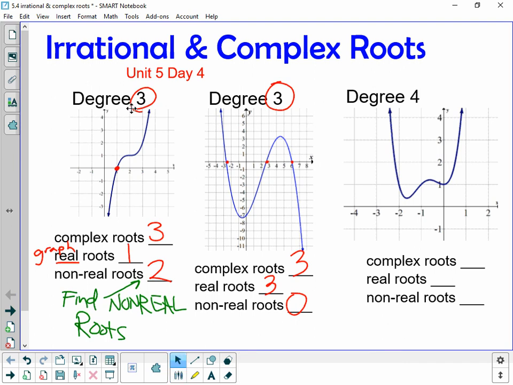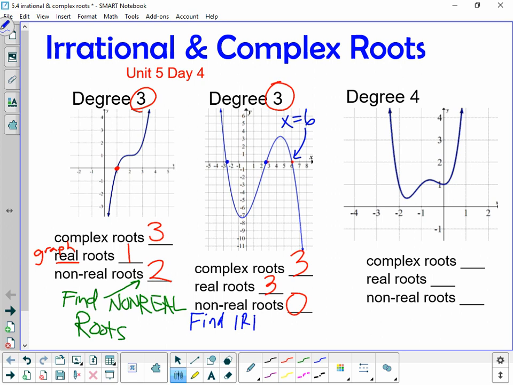This is an interesting polynomial. It looks like one of the roots is 6. The other 2 roots, though, aren't so nice. We have one that's between -2 and -3, and one that's between +2 and +3. Today, we will find those irrational roots, the ones that aren't so nice.